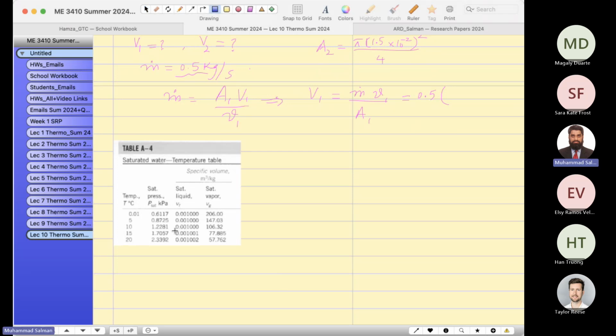At 15 Celsius, our specific volume is 0.001001. Can I write over here 0.001001? So the initial velocity equals 6.37.